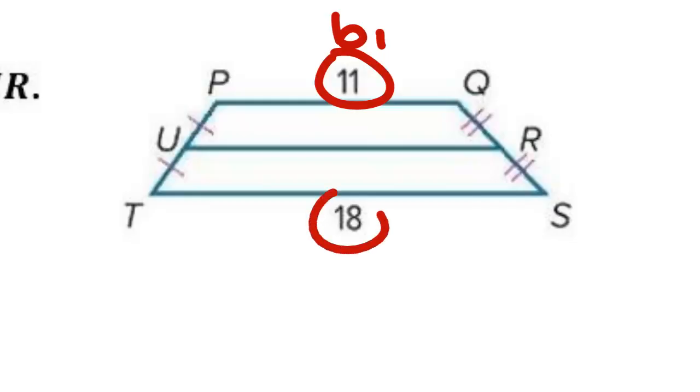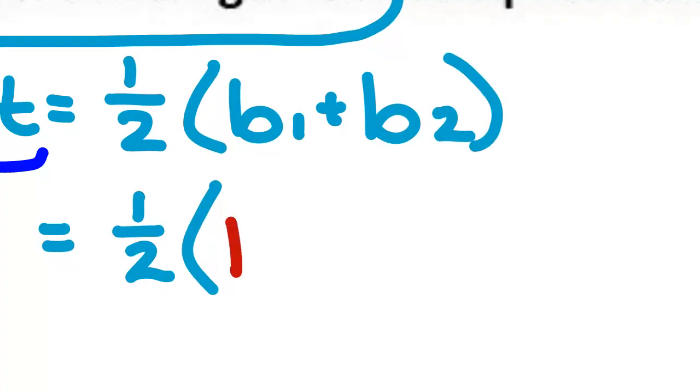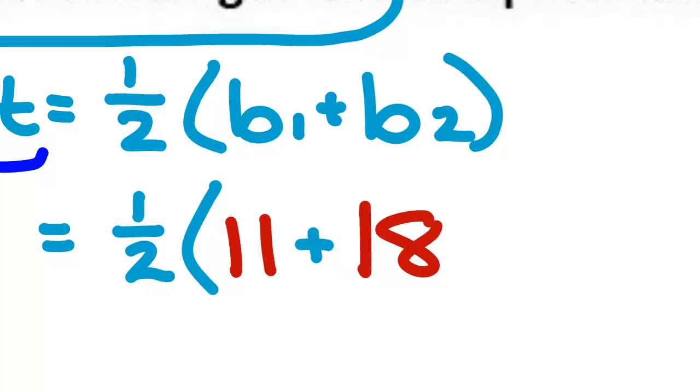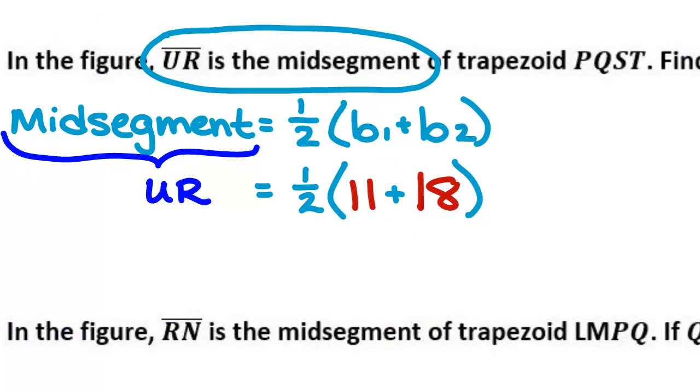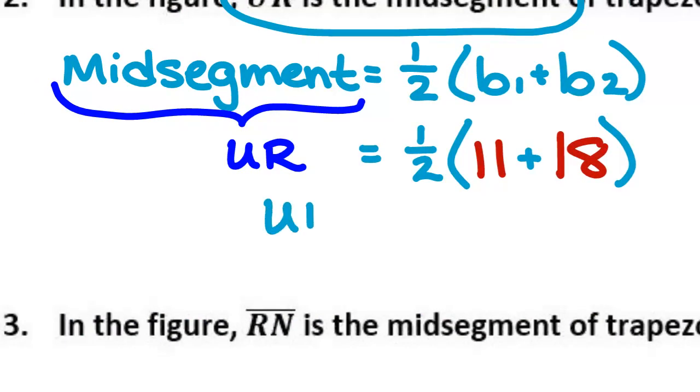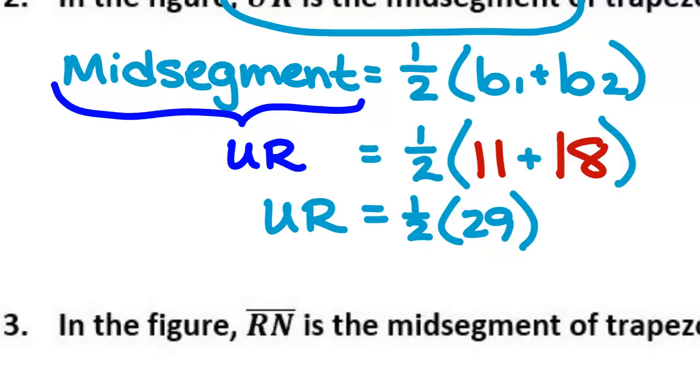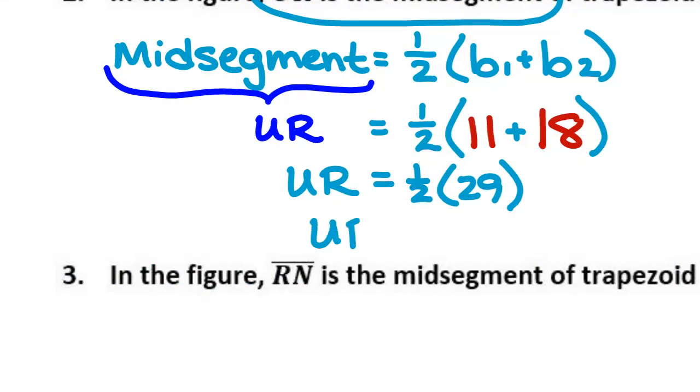Here's base 1. Here's base 2, so we do 11 plus 18. What is 11 plus 18? 29. So UR is equal to 1/2 of 29. What is 1/2 of 29? 14.5.